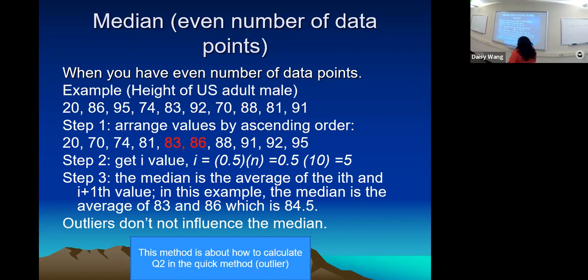So the median will be 83 plus 86 divided by 2, which is 84.5. And the outliers don't actually affect the median. But if you calculate the average for both this example and the previous example, this outlier will affect the average a lot. But the median is still similar.